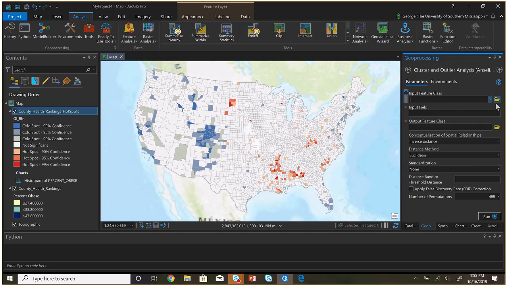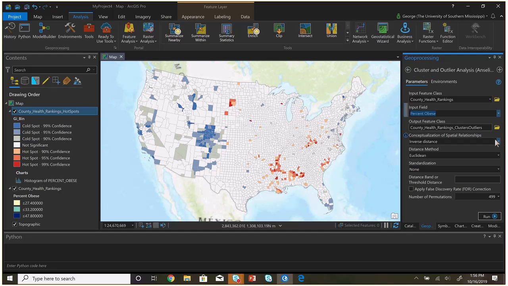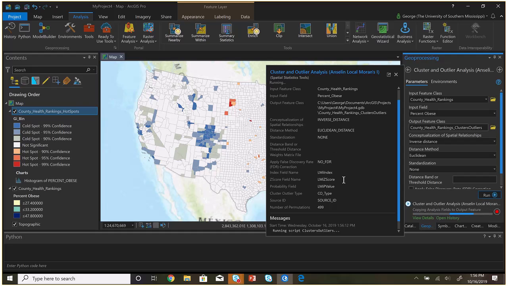Actually, cluster analysis. Sorry. This one is actually the one that I was discussing in the lecture. So here we'll do first distance weighted on the feature class.